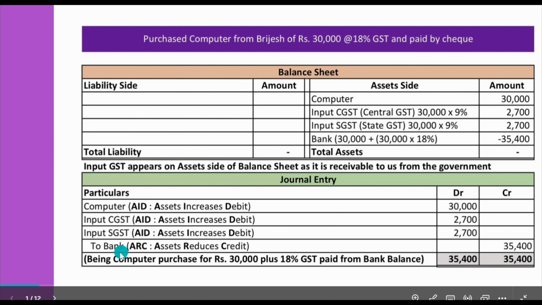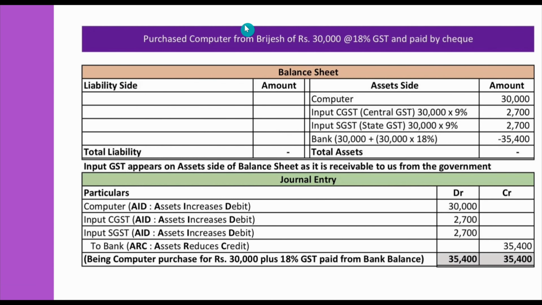And to bank, which appears on the balance sheet asset side, is reducing. So the rule is assets reduces credit, 35,400. Narration is being computer purchase for rupees 30,000 plus 18% GST paid from bank balance. So total of debit side is 35,400 and total of credit side is 35,400. Thus we have passed the necessary journal entry.